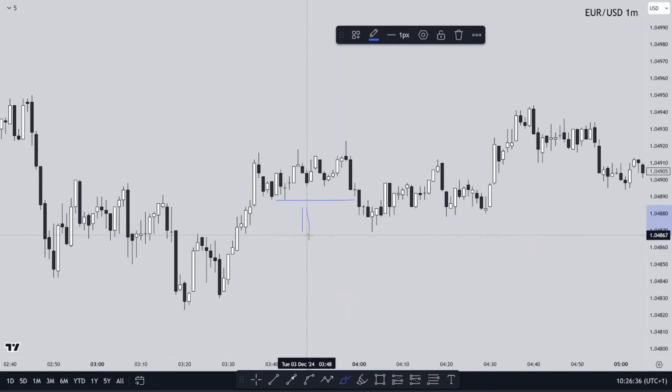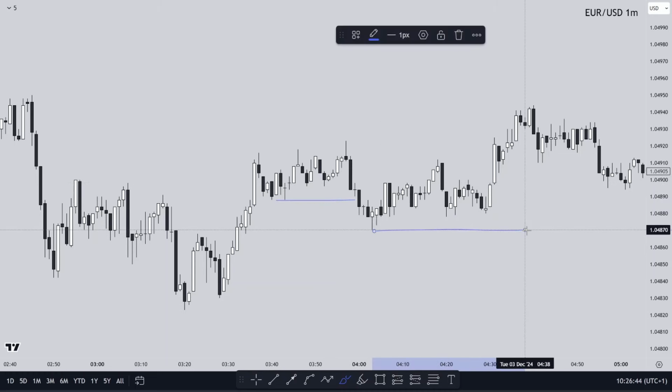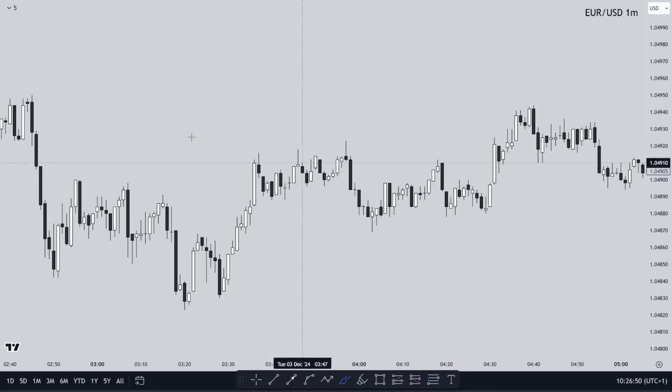But price here is just taking out some liquidity to go higher. So here we have just one break of structure and not another one. Then price goes up again. So this is what I mean.